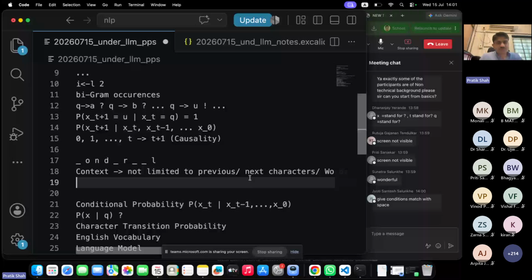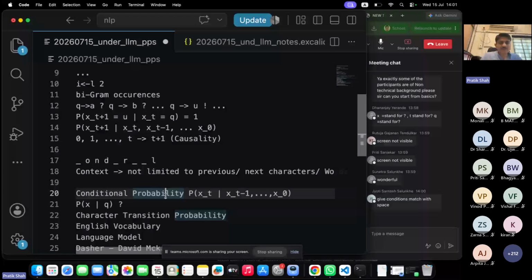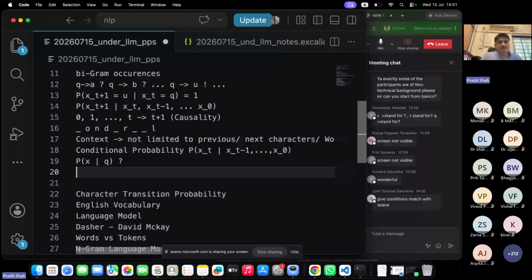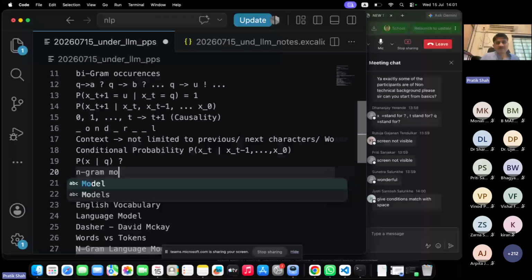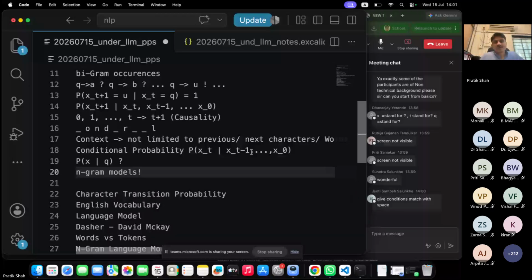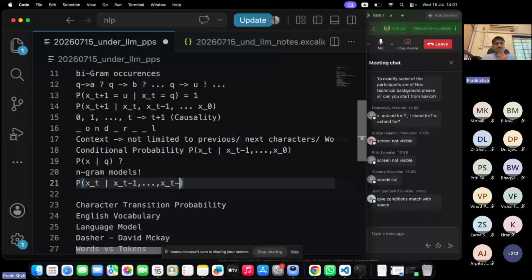So now I have a conditional probability table with me, and I can talk about not just a bigram model, I can talk about any n-gram model. N-gram means I can have a probability distribution estimated from the text of a large corpus, correct? From t minus n to t minus 1.